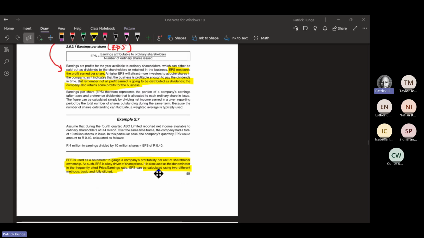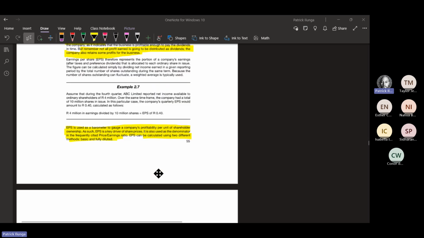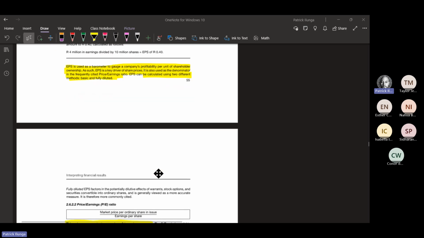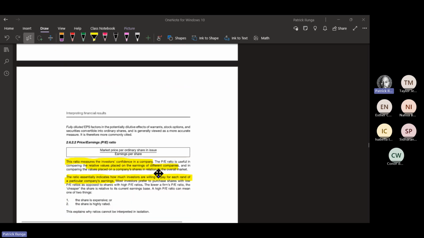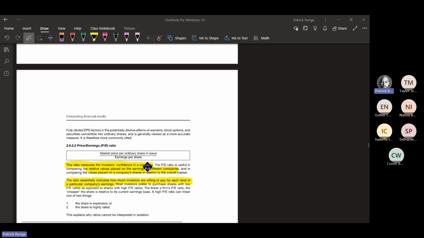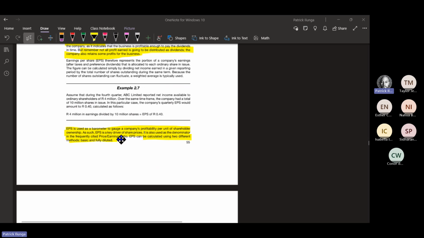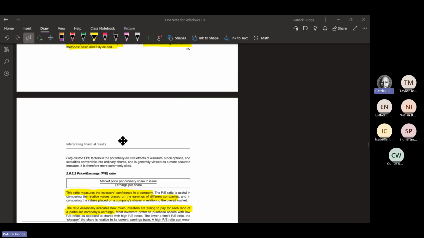This is very good when you are looking at one company. But let's say you are comparing different companies in different industries. You will need a better tool because not all companies have the same number of shares out there, right? One company can be bigger than another, right? So it's not really the best tool.